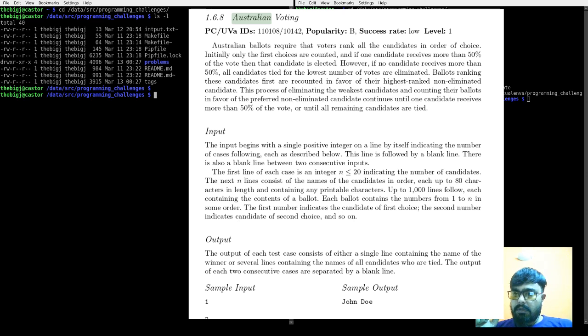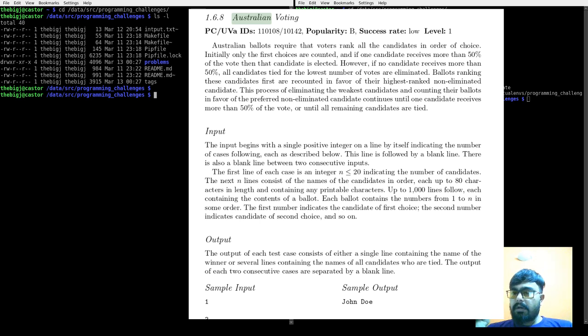Voters rank all the candidates in order of choices. Okay. Initially, only the first choices are counted. If one candidate receives more than 50% of the vote, then the candidate is elected. Okay.